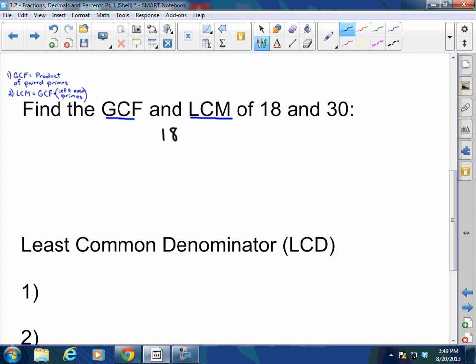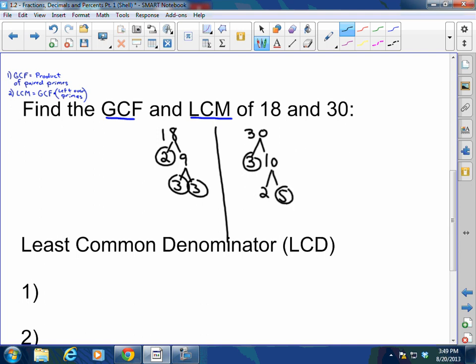Go ahead and find the prime factorization for each of these. 18 breaks up into 2 times 9. 9 breaks up into 3 times 3. That is the prime factorization of 18. Let's look at 30. That's 3 times 10. 10 is 2 times 5. That is the prime factorization of 30.